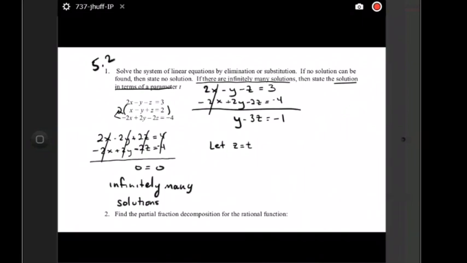And we have this equation here. If we make this substitution there, then we could say that y minus 3t equals -1. Then add the 3t over.